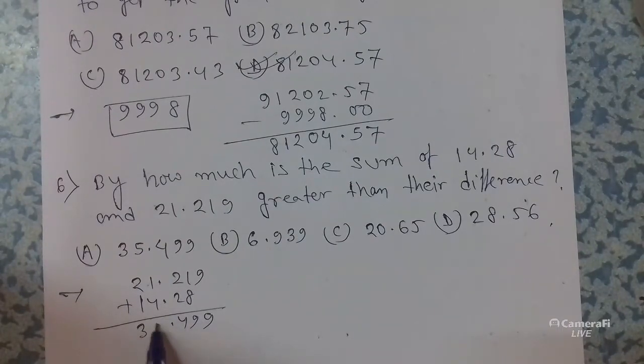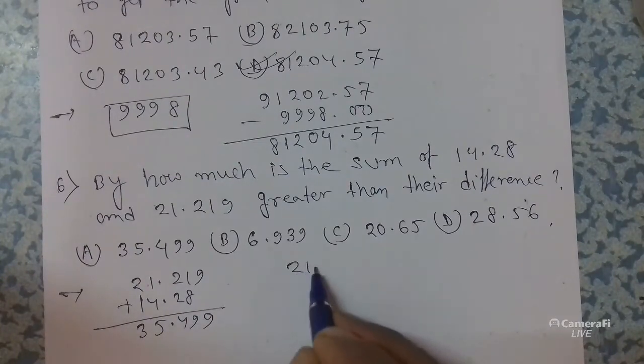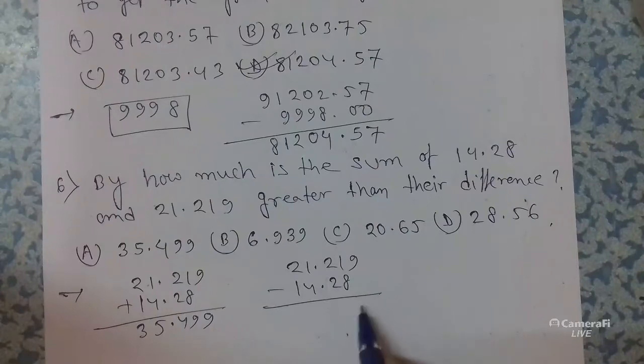So the sum is 35.499 and their difference is 6.939.